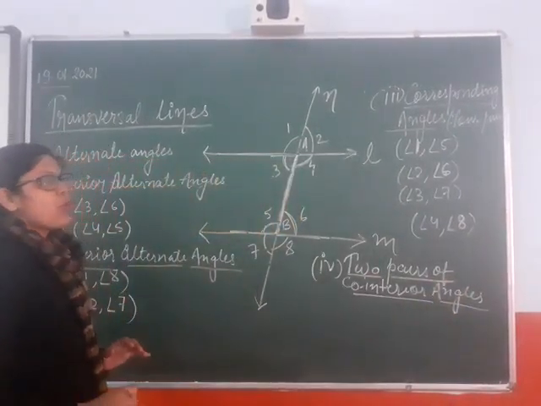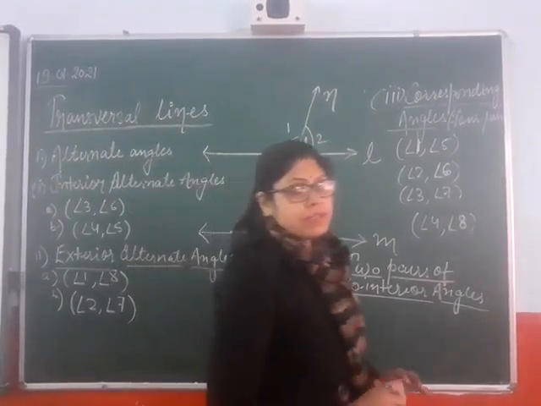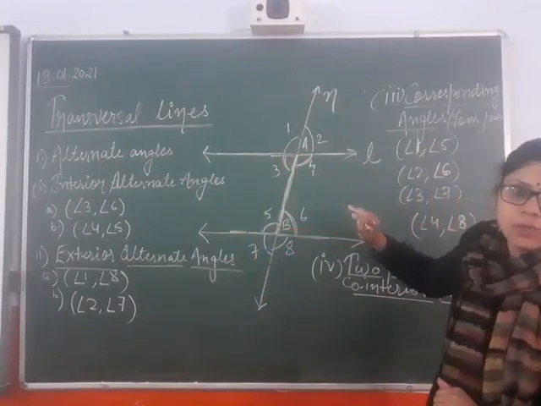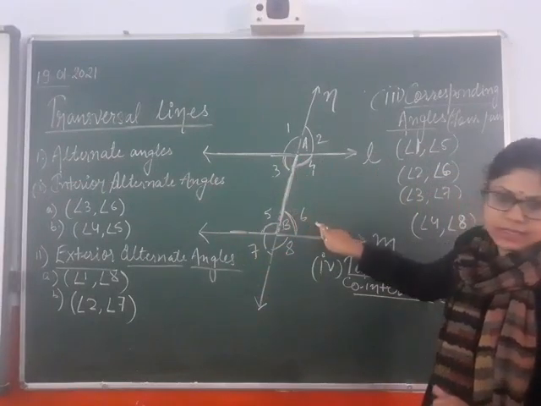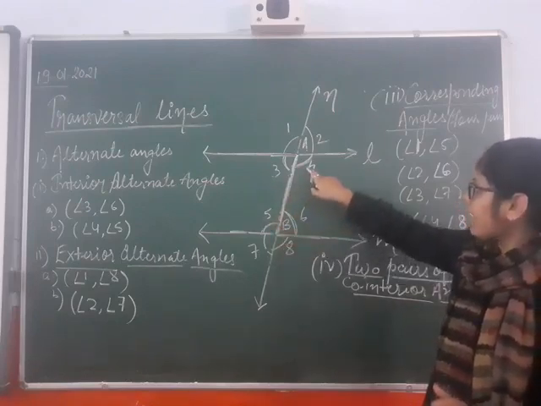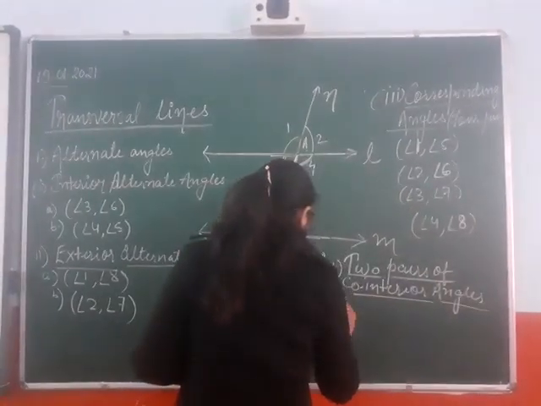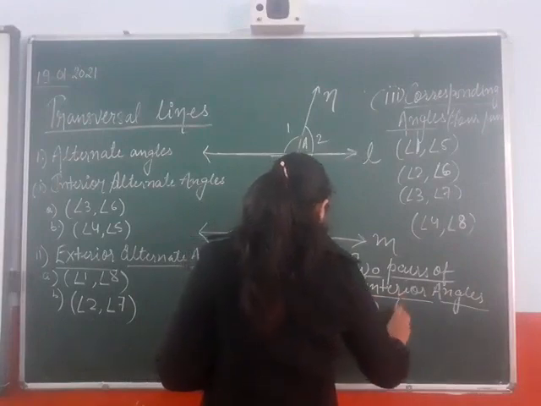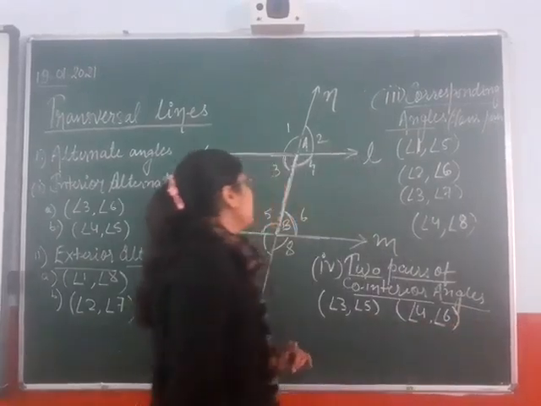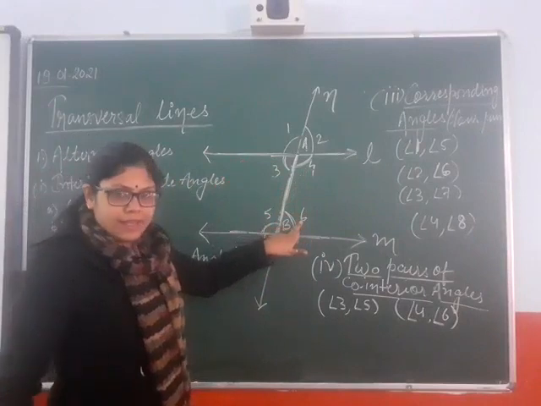What do I mean by co-interior angle? Co-interior means two lines are there. In between, how many angles are forming? This and this. So angle 3 and angle 5 will form co-interior. Angle 4 and angle 6 will form co-interior. So one pair is angle 3, angle 5, and the second one will be angle 4, angle 6.